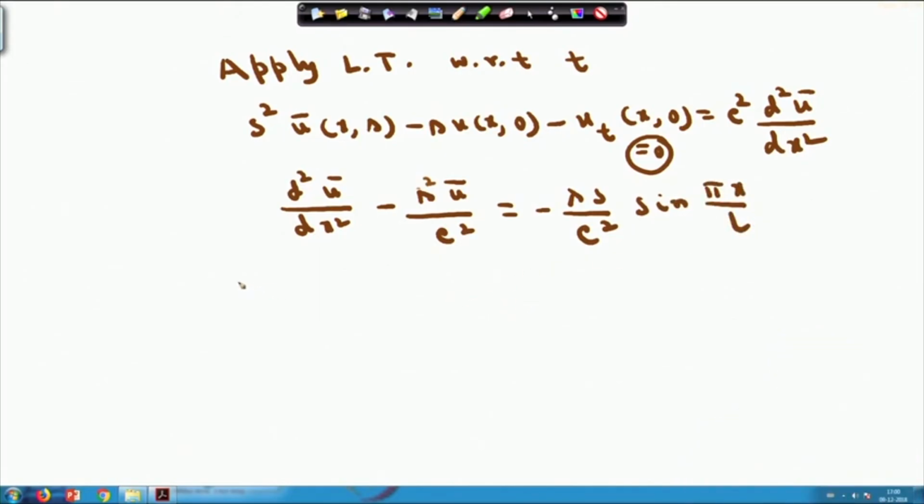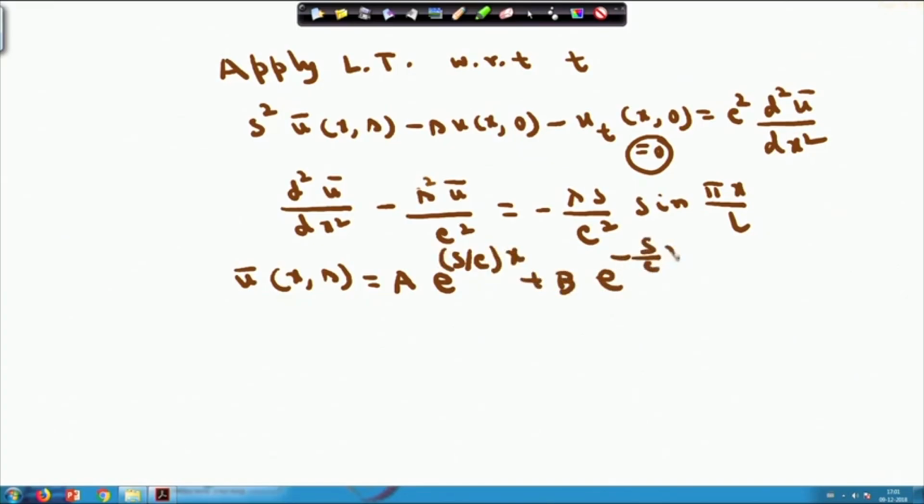So, for this case, your solution of this problem will be ū(x,s) = A e^{(s/c)x} + B e^{−(s/c)x}.